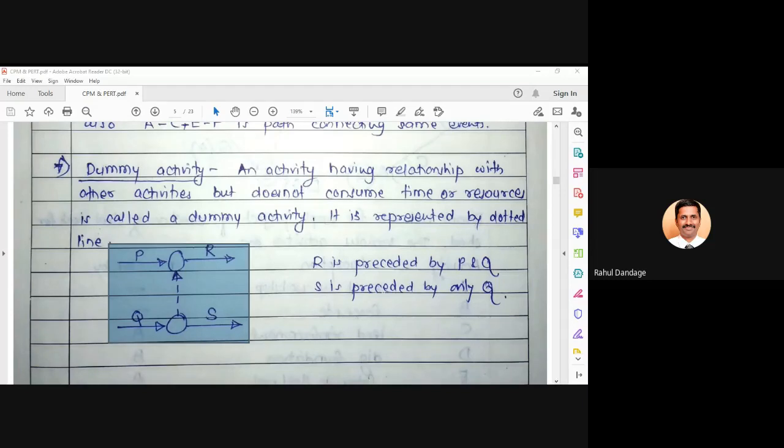What you said is correct. The diagram will not remain the same. There will be a change, but the change will be only in the dummy activity. The dummy activity now moves from the lower event upward to the upper event.